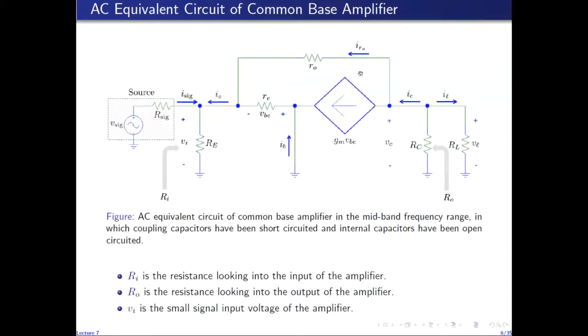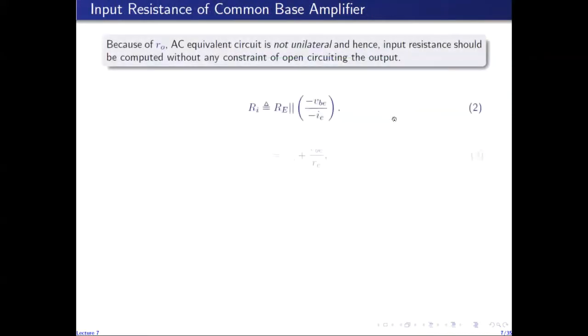So the voltage of this node with respect to this node is VCE, which is VC minus VE. And VC, the voltage at this node, is actually this parallel combination, RC in parallel with RL, times minus IC, because IC flows this way, so minus IC will flow into this equivalent resistance of RC in parallel with RL.